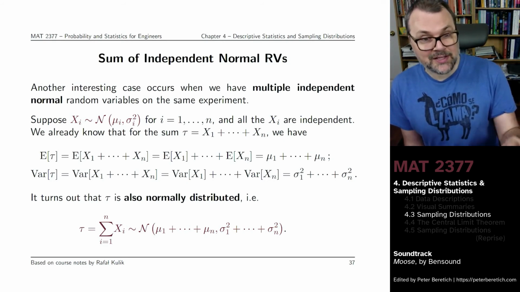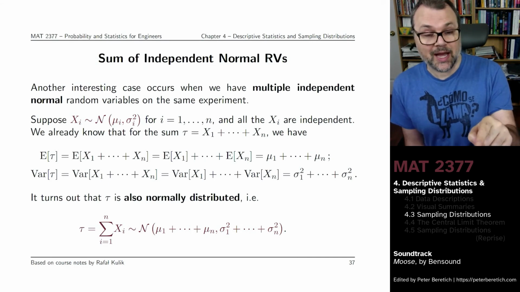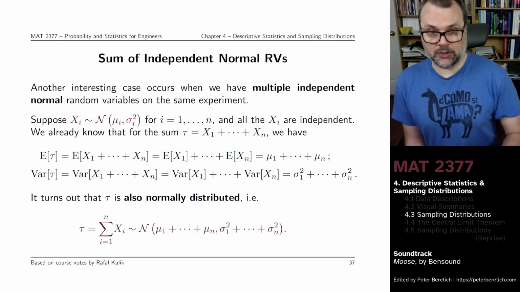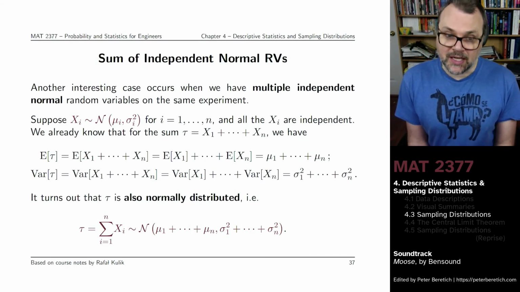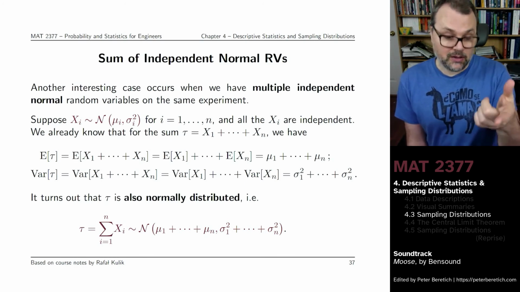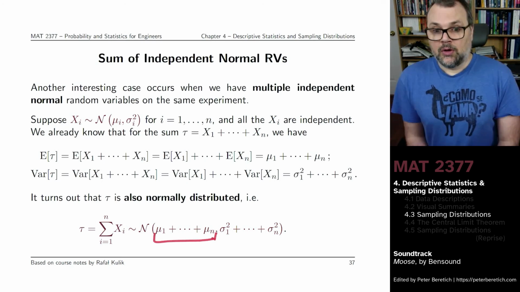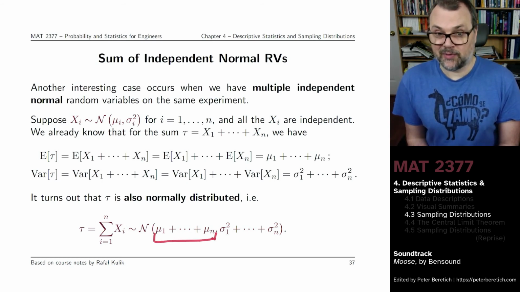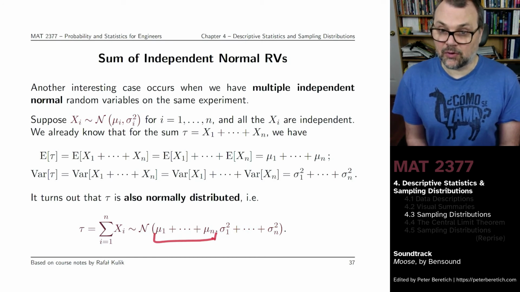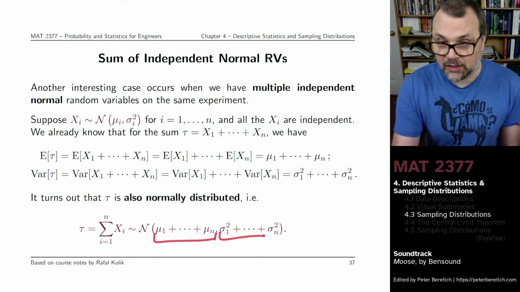If the X_i's are all normally distributed, this is where something interesting happens. The total is also normally distributed, and it has a distribution given by the following parameters. The mean of the total will be the sum of the means. The variance of the total is the sum of the variances, but these parameters here are actually the parameters of a normal distribution.